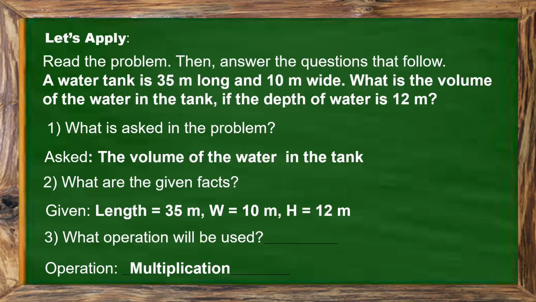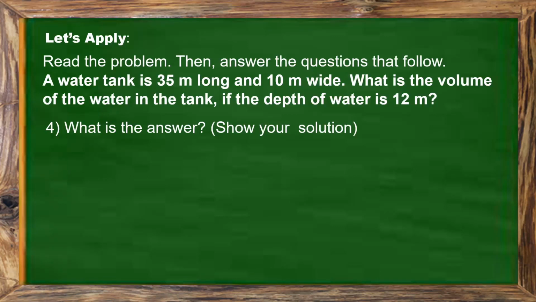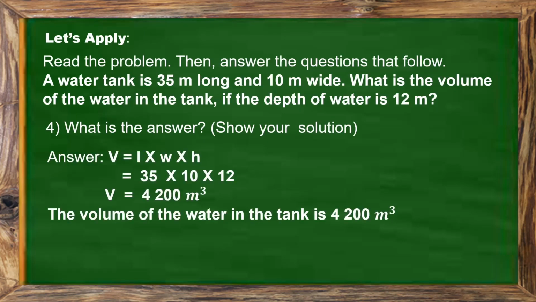Number 4, what is the answer? Volume is equal to length times width times height equals 35 length, width is 10, height is 12. So 35 times 10 times 12 is 4,200 cubic meters. So the volume of the water in the tank is 4,200 cubic meters.